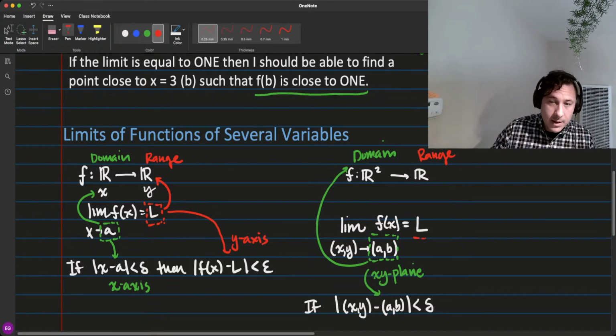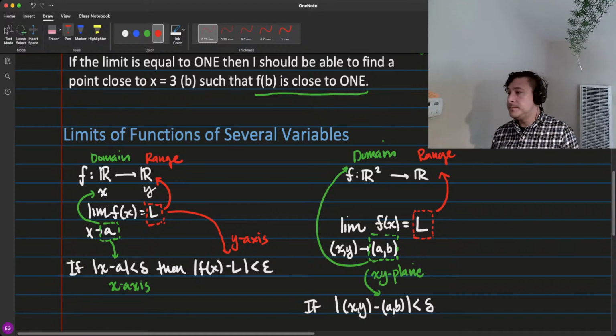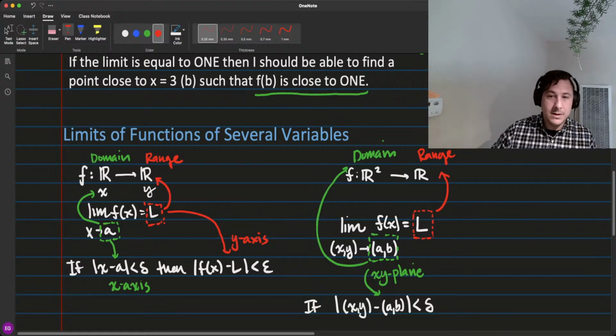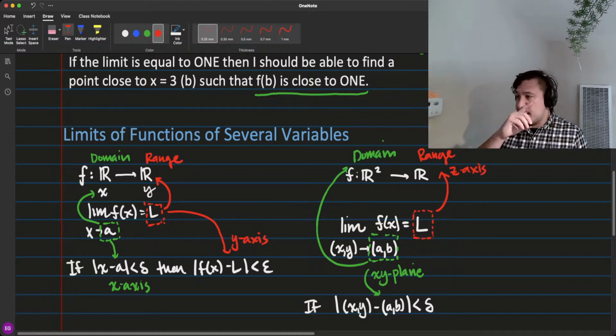Why? It's still equal to a scalar because the output is still a scalar in the range. And the range is no longer the y-axis. What is the range now? Yes, exactly. The range is the z-axis. Before the range was the y-axis, now the range is the z-axis.